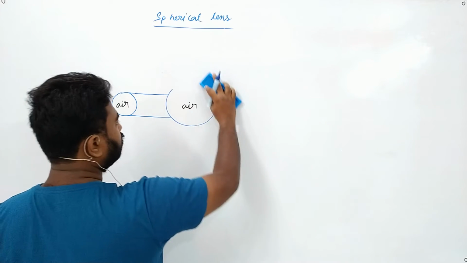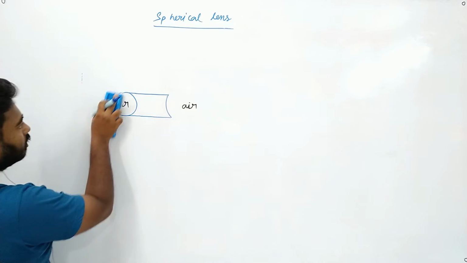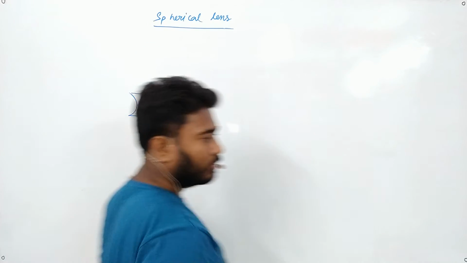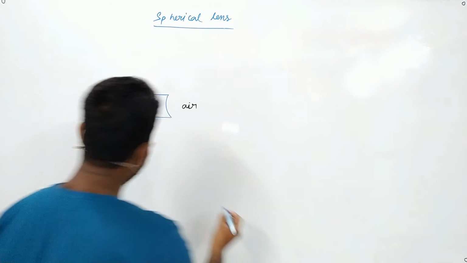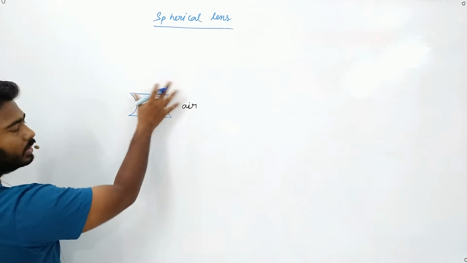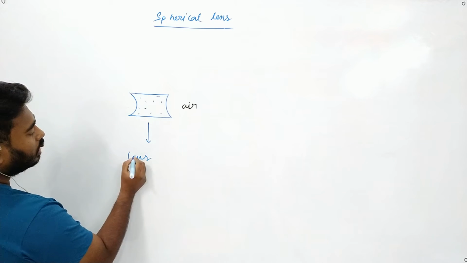So what we will see is something like this. Now see, if you look into this portion, it is completely made up of glass. This is also a type of lens.